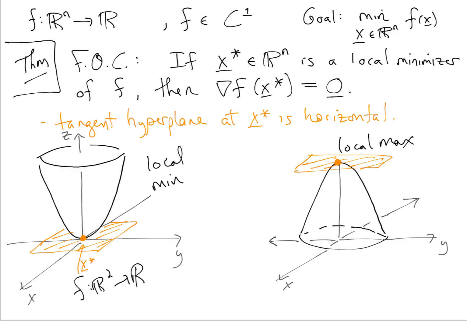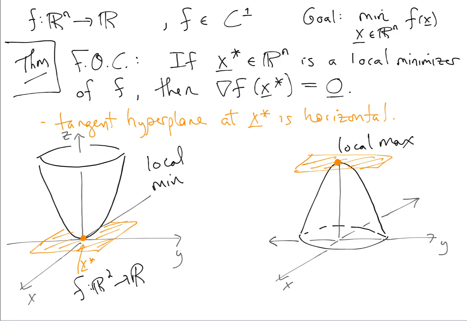But keep in mind that we are working with functions of vectors in Rn, where n could be any natural number. So you could have a function of 500 variables, 1,000 variables, 100,000 variables. And you can't picture this. So you can't just graph it and see what's going on where you have horizontal tangent hyperplanes.